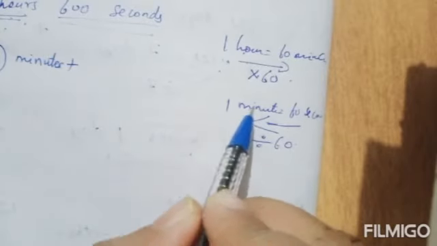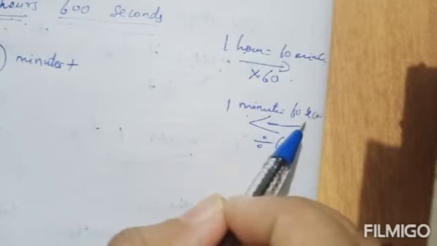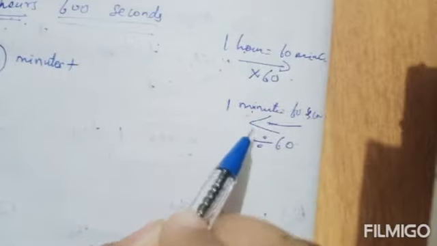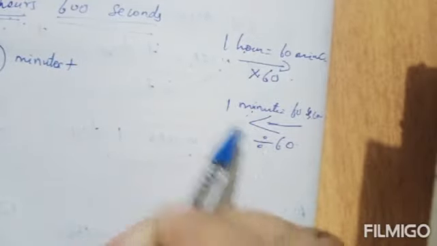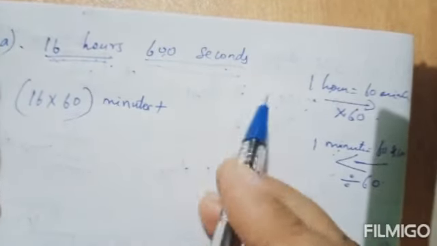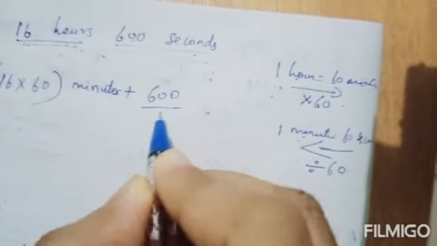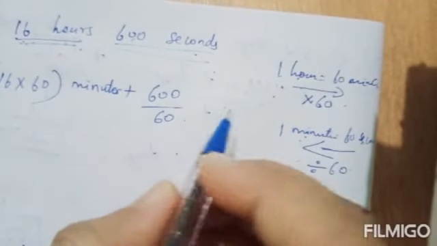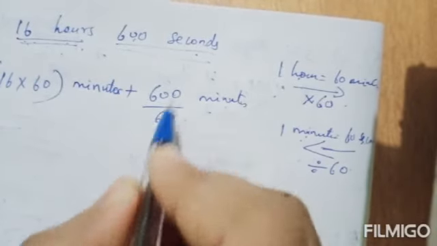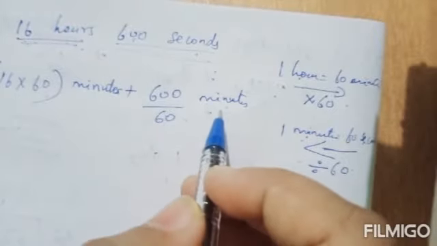Okay, if you want to convert minutes to seconds, multiplication by 60, and seconds to minutes, division by 60 is needed. Okay, so here 600 seconds we have to convert to minutes. So just divide 600 by 60. Okay, you will get the minutes. 600 seconds, it is 600 by 60 minutes.